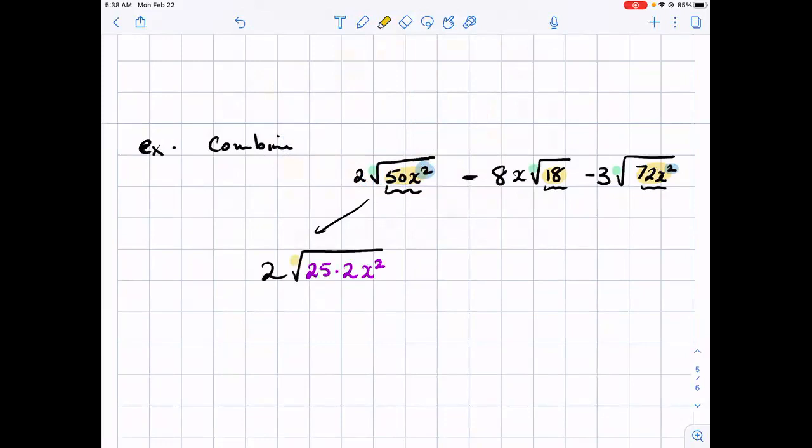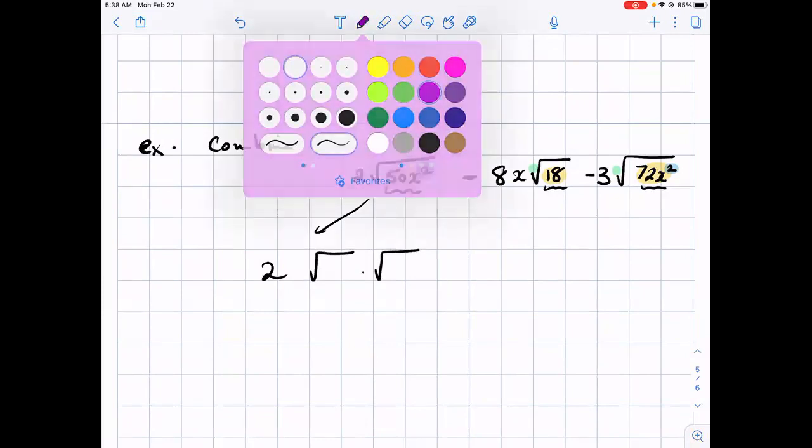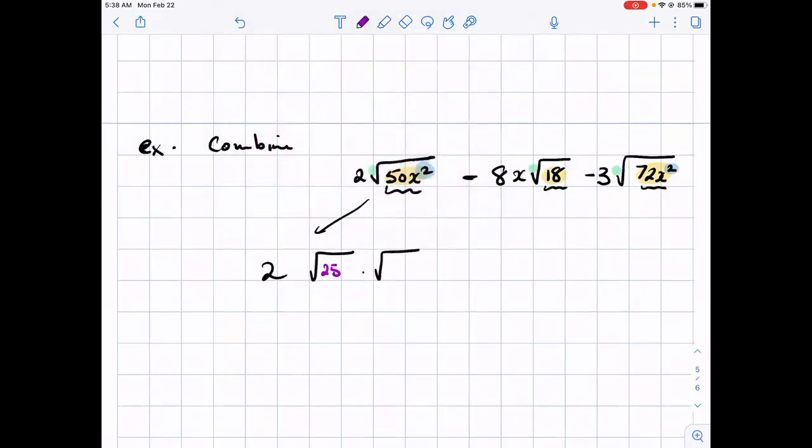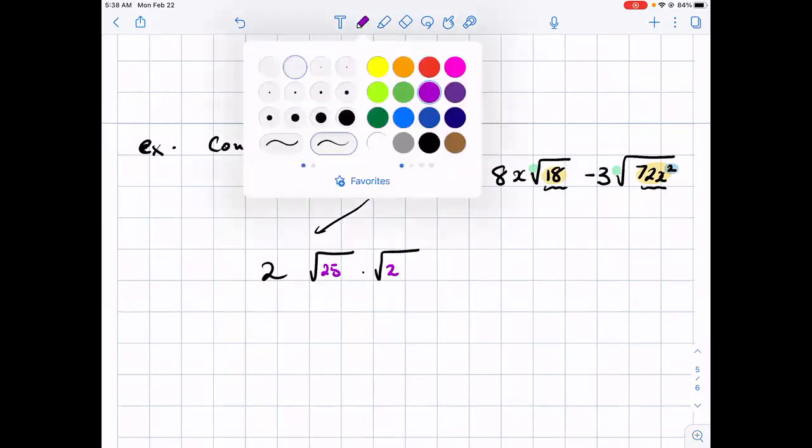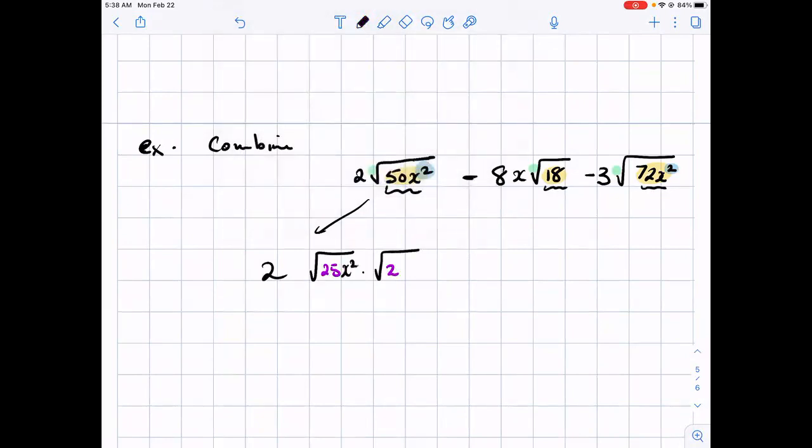You can also think of this as I used to do before. You can break it up into 2 radicals if you want, radical times a radical. So the 25 goes here, the 2 goes here. And then your x squared will go under here because that can be simplified.